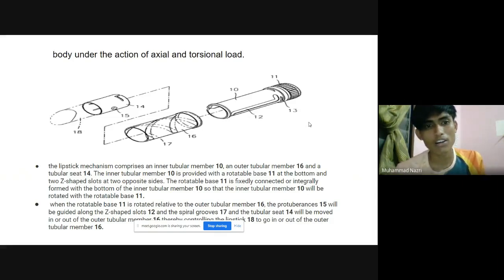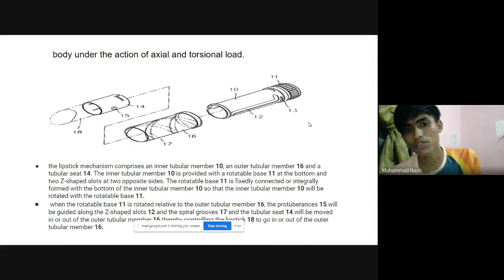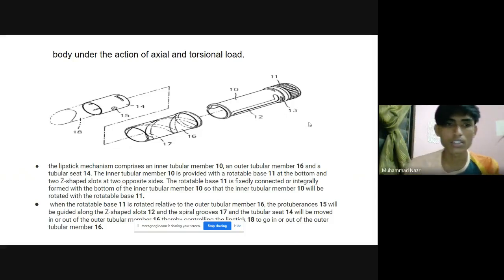So the mechanism of the lipstick comprises an inner tubular member, outer tubular member, tubular seat, rotatable base, and two Z-shaped slots. The rotatable base is fixed coordinately at the bottom of the inner tubular member, so that the inner tubular member will be rotated with the rotatable base.